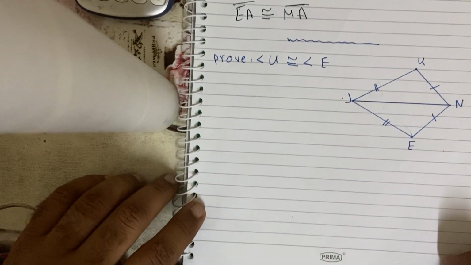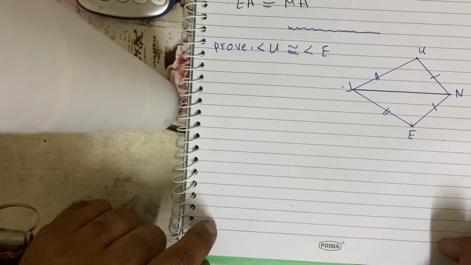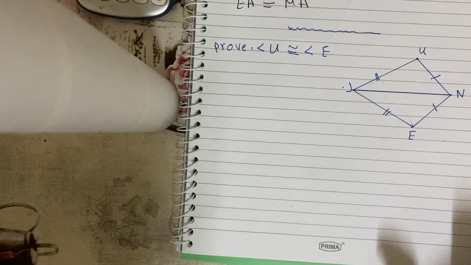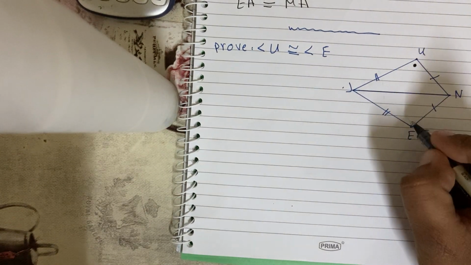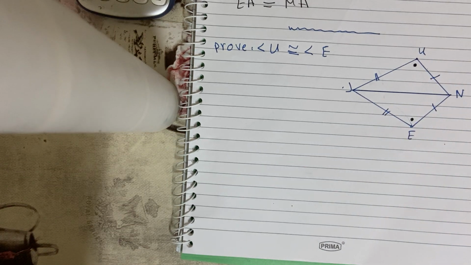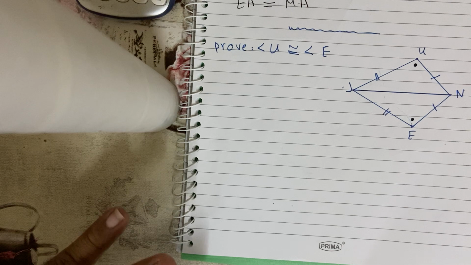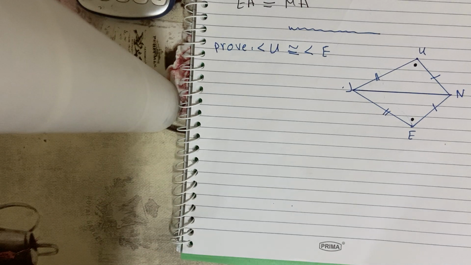Another exercise, and this is the last one. We have a shape like that, and prove that angle U is congruent to angle E. As usual, we are going to try to prove that the two triangles are congruent. Let's find our conditions.